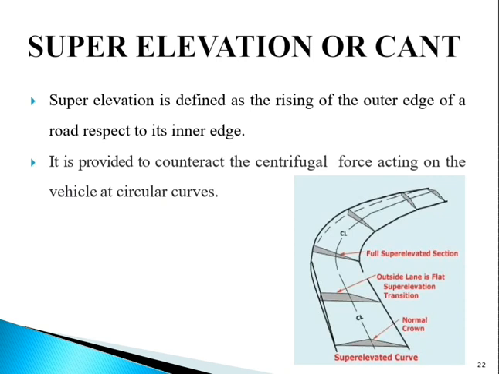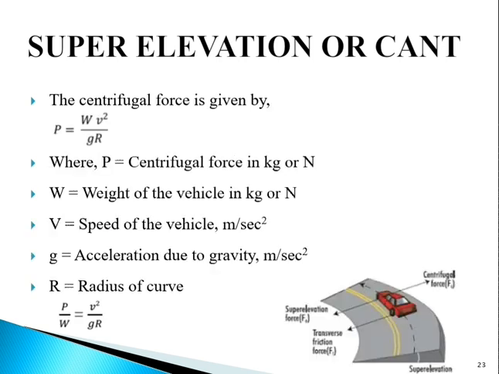It is provided to counteract the centrifugal force acting on the vehicle at circular curves, as we see in the transition curve, centrifugal force will change according to the radius. So that the vehicle does not overturn, for that reason super elevation is provided. You can see all the criteria in the image.